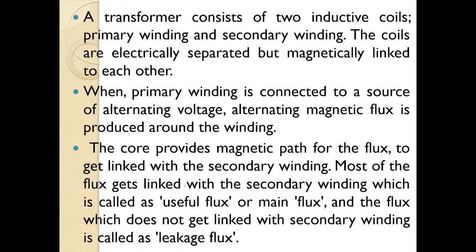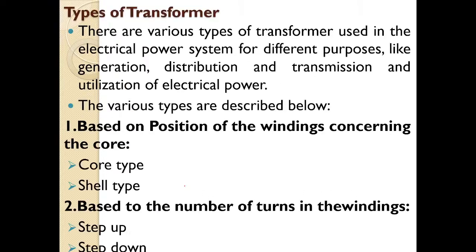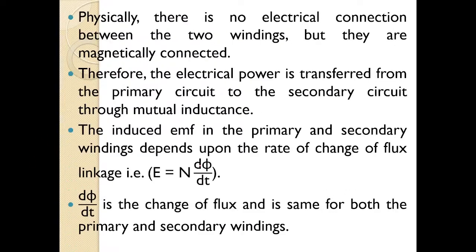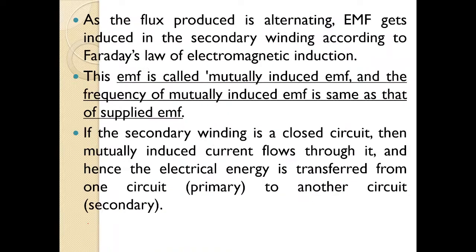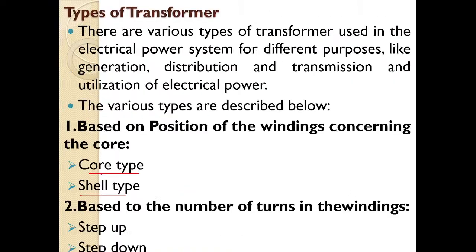So we have seen the working principle of the transformer. Now let us see the types of transformer. The transformer can have two types of cores. What we have just seen in this diagram is a core type transformer. Depending on how the core is constructed, a transformer can be core type or shell type.